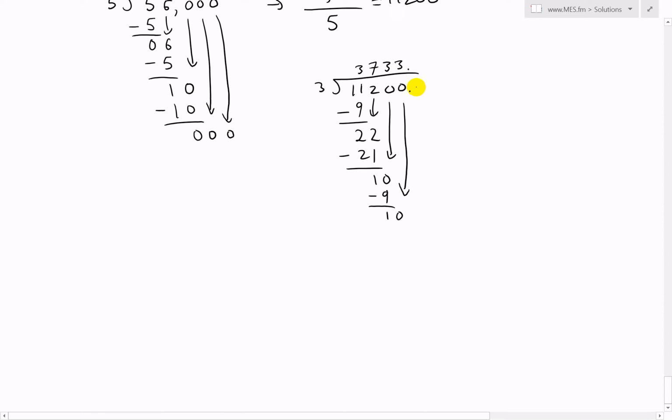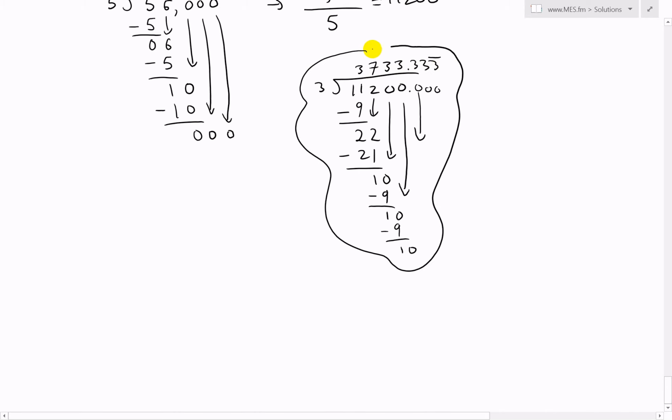It keeps going on and on. We keep getting 0, 0, 3, 3, etc. Put a line above meaning infinite. So it doesn't cleanly divide out, so we'll just leave it.